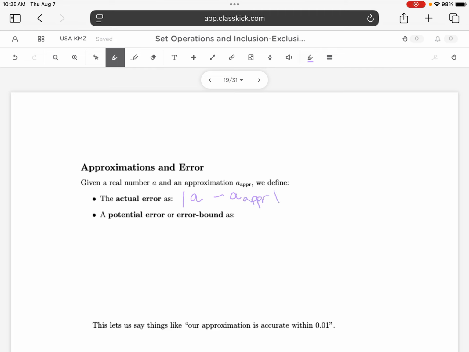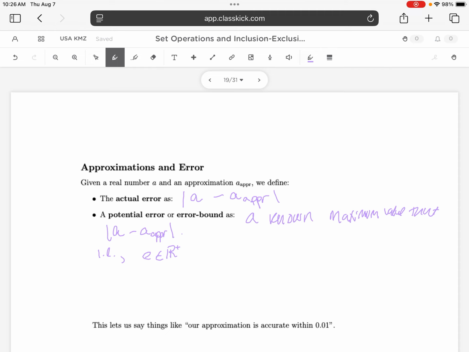But the potential error, or the error bound, is going to be a known maximum value that the actual error could be. So I'm going to give you an example of that in a second. It's a positive real number, which we'll call e.